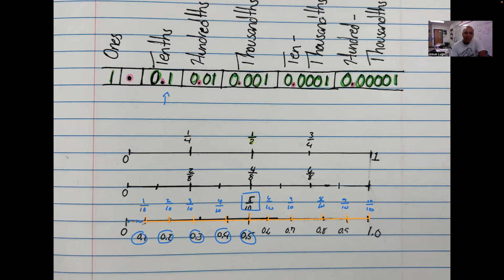Now there are 10 sections in between, then each one of those would represent 1/100th, or 1 out of 100, meaning that I need 100 of those little ones to make one whole. And there's 10 of those hundredths in each tenth. So that's how the decimal system is working. I'm cutting them into ever smaller sections.